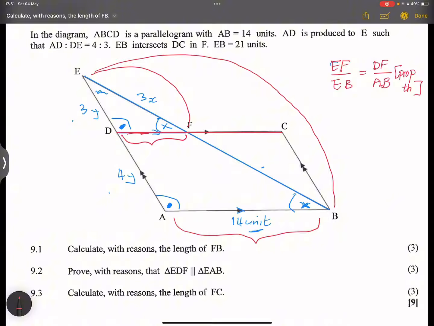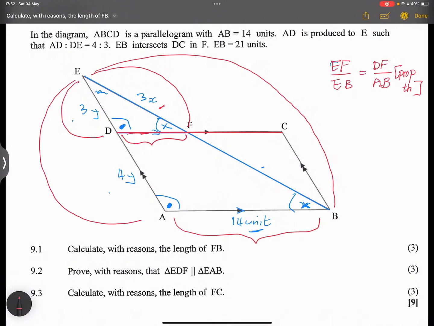But I know that EF over EB is 3x over the entire side, which is 7x rather. So in the same way, this is 3 over 7.